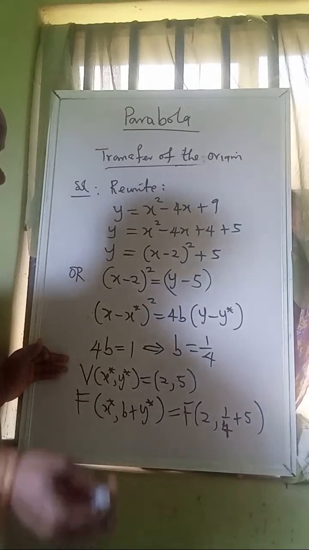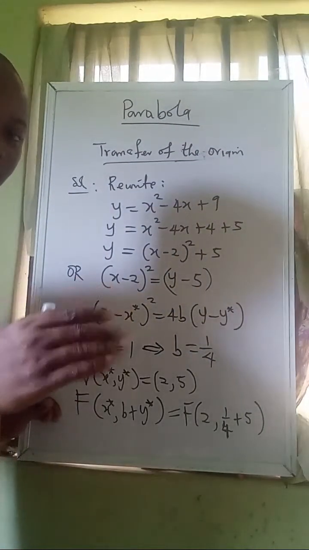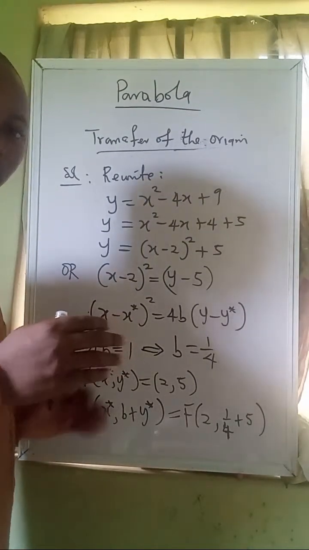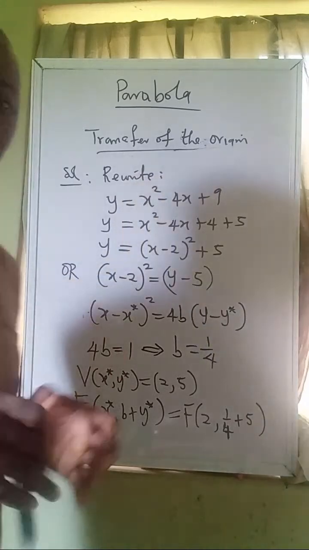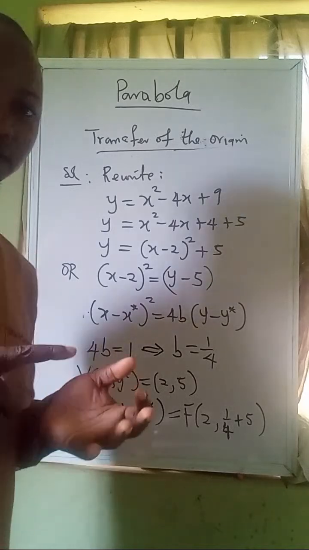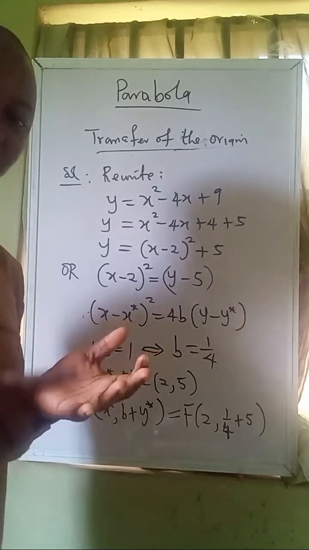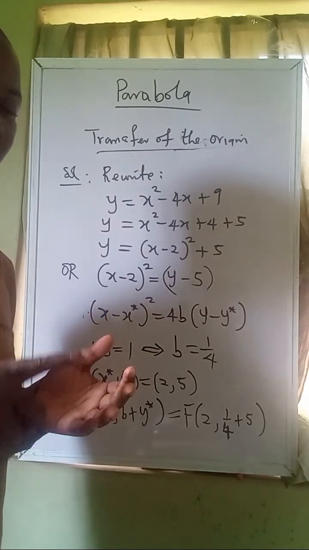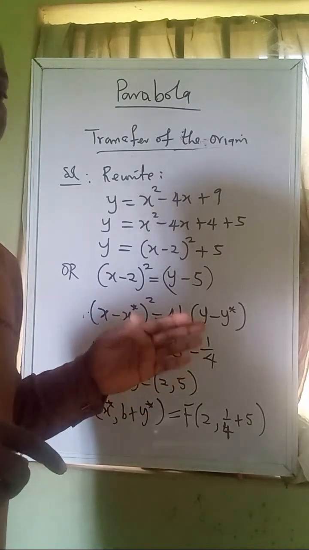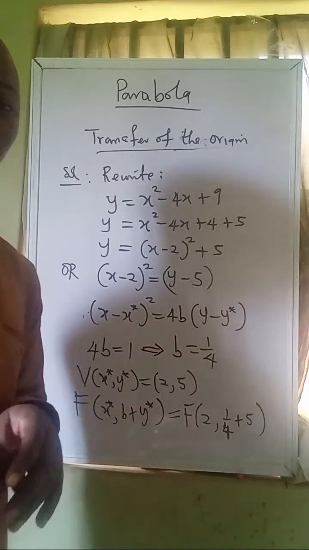Okay, and the other two forms, I think I will have to give you that as an exercise, so you can have something to practice. So this is how we find the vertex, the focus, as well as the equation of the tangent and normal to a parabola, whether the point is at the origin or is transferred away from the origin.